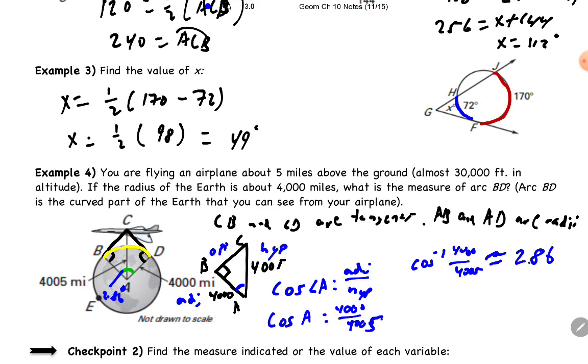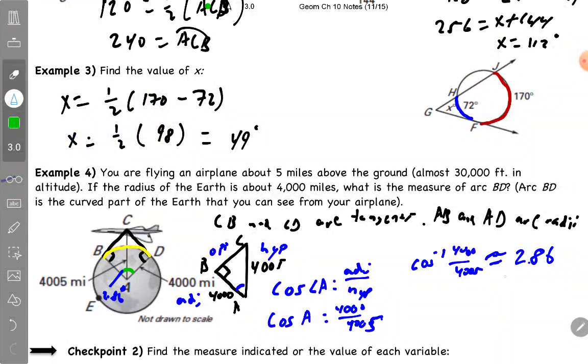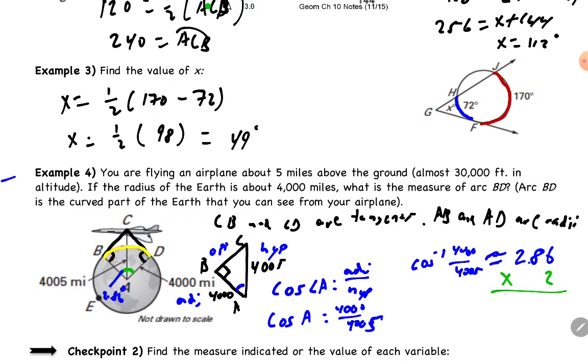So that means the whole piece would be double that. We're on our way to the green, so times 2: 2.86 times 2 is 5.72. And that is our answer, because the green central angle is the same as our yellow arc there.